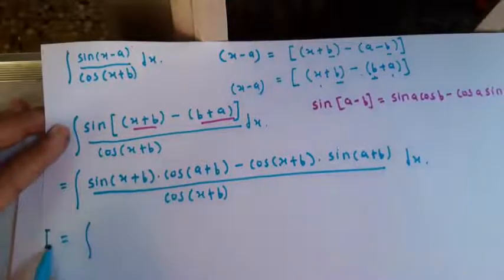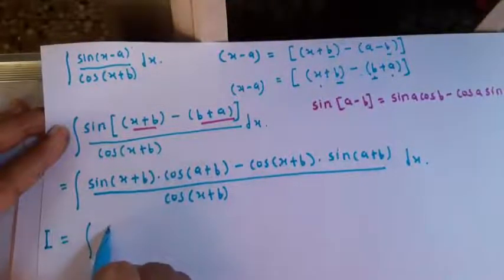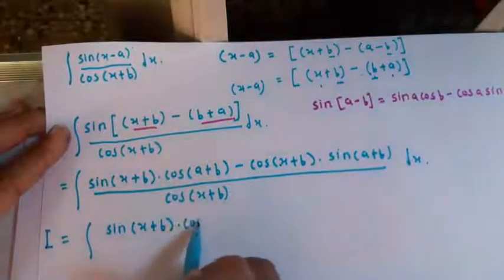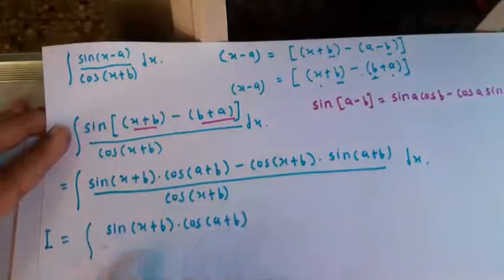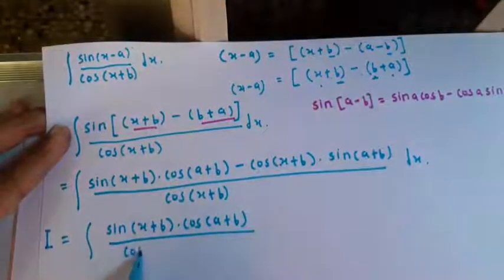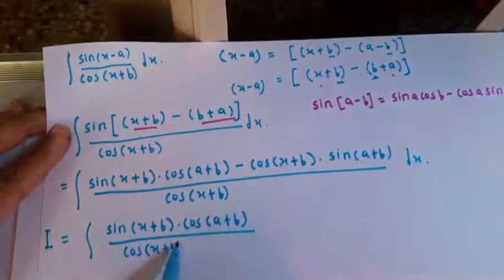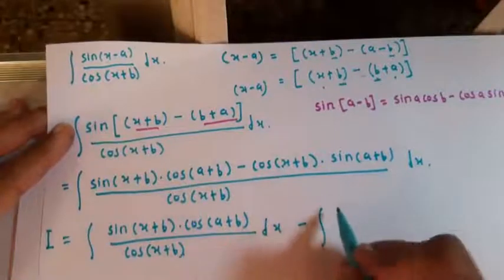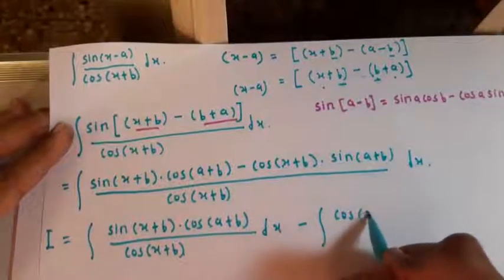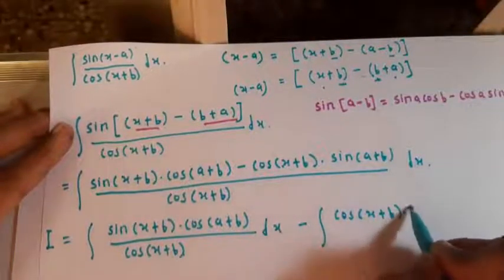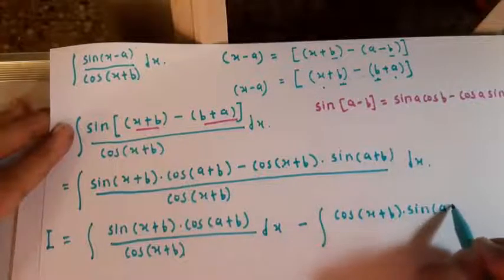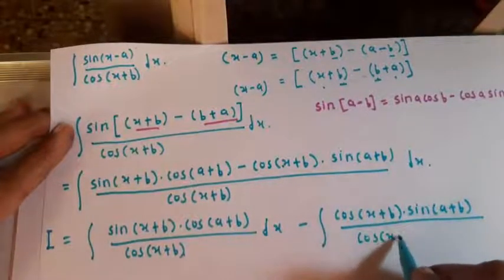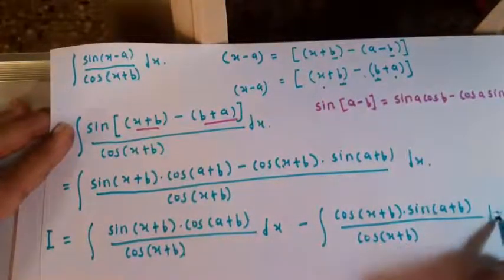That is, integration I equals the integral of sin(x + b) cos(a + b) upon cos(x + b) with respect to x, minus the integral of cos(x + b) sin(a + b) upon cos(x + b) with respect to x.